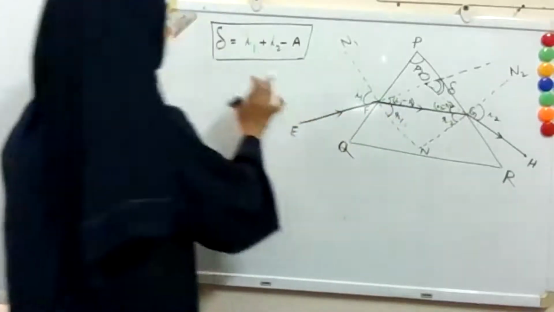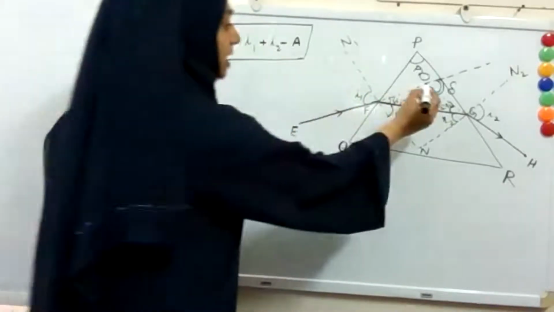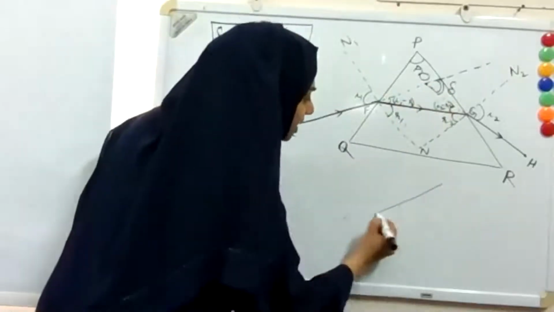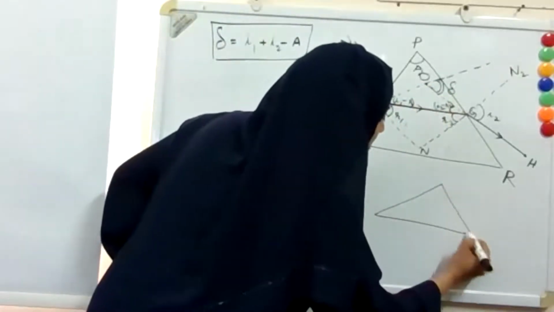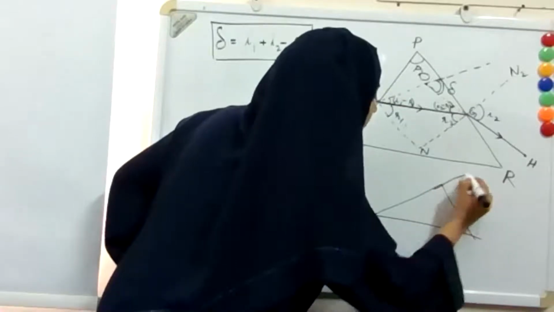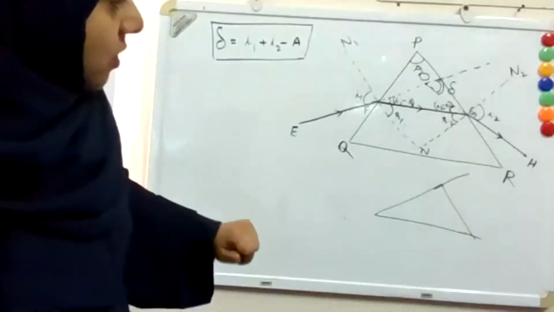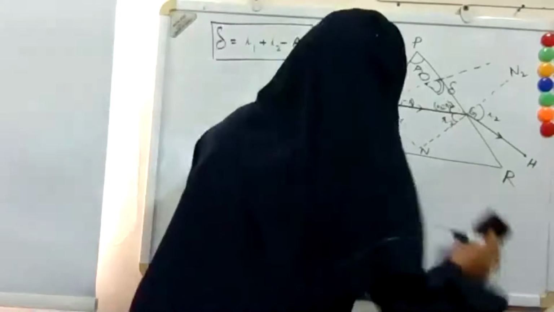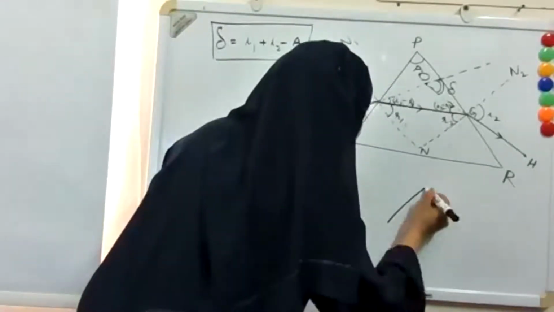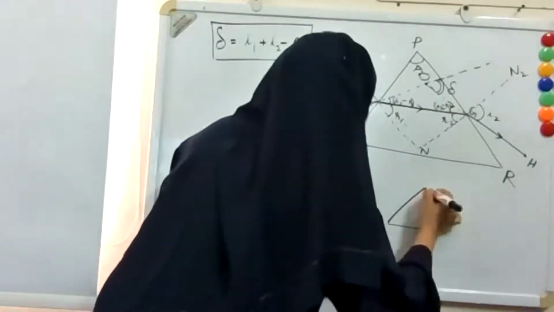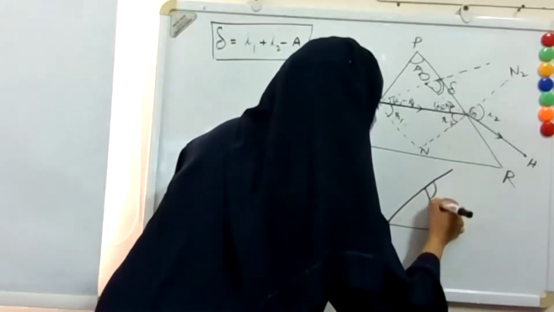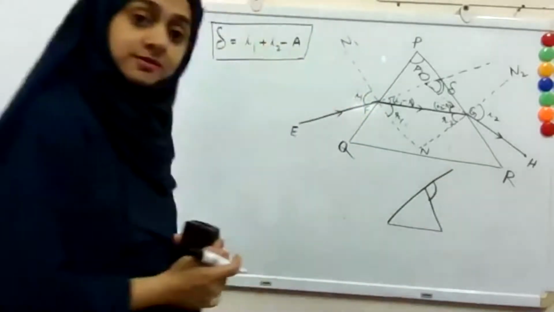Now, if we have any triangle, suppose you draw any triangle and you have this angle, what do you call this?